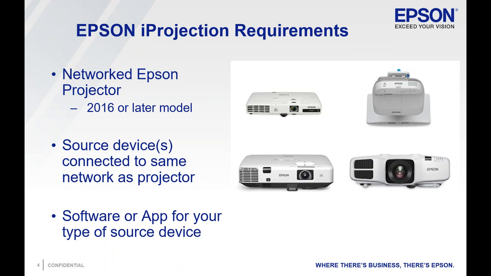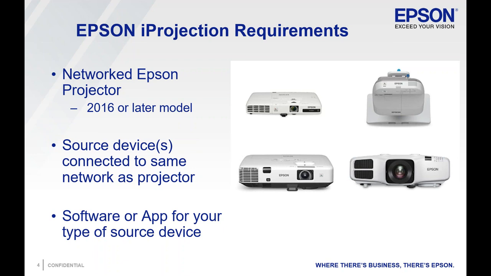One of the first things you'll want to have is an Epson projector that is networked on your school network infrastructure. There are a couple of ways you can do that. You can directly hardwire the projector into your network via the RJ45 connection on the back of the projector, or if the projector has wireless capabilities built in, you can use that.